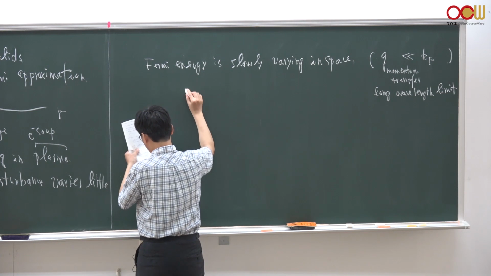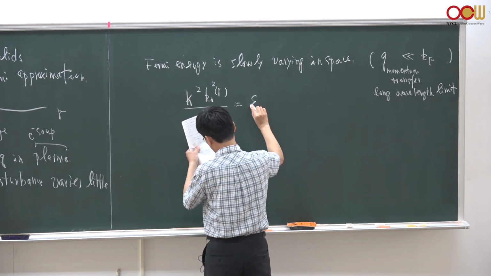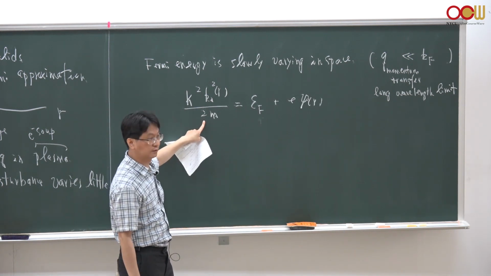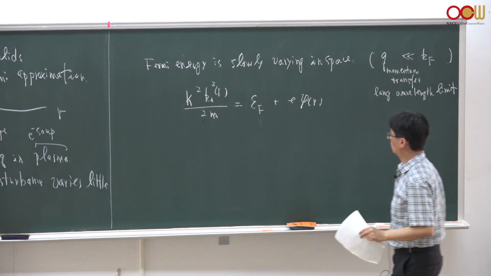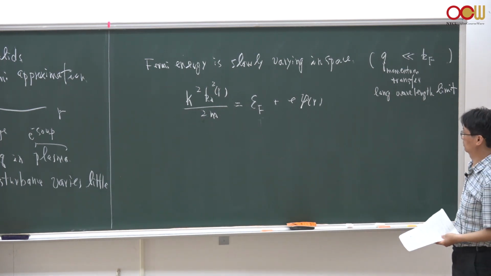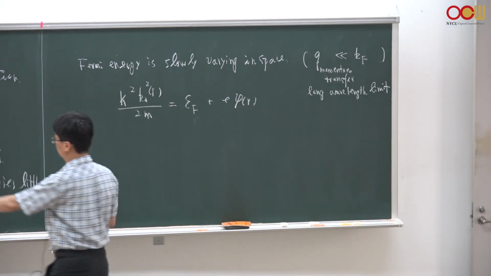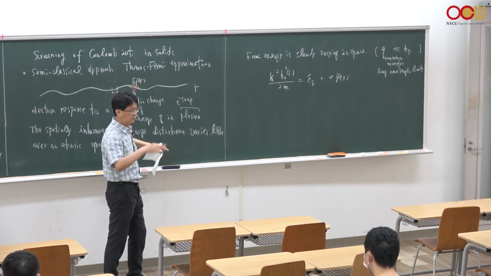So we could actually combine quantum mechanics and electrodynamics. So this is the kinetic energy of an electron in quantum mechanics, and this is the Fermi energy, and this is the electrostatic potential.